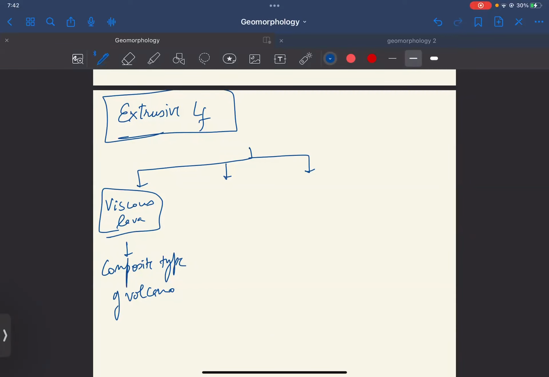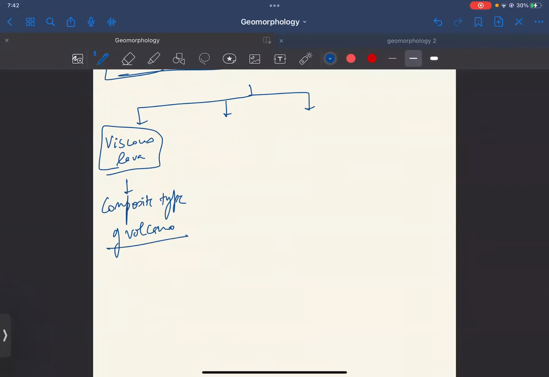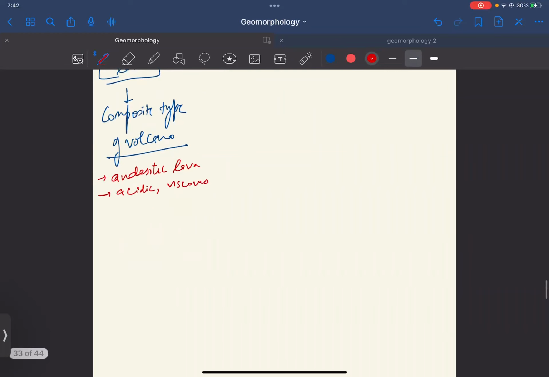Right? So composite type of volcano, what all we can say about it: it has andesitic lava, basically acidic, again viscous. So how will it look? Magma is rising.